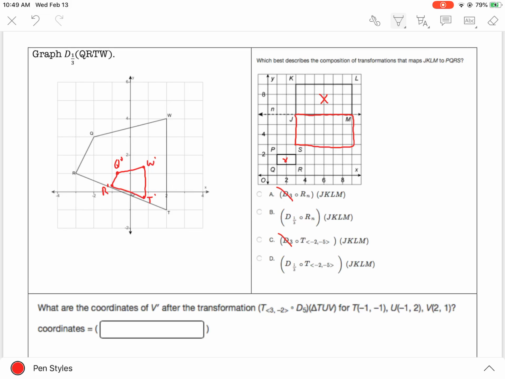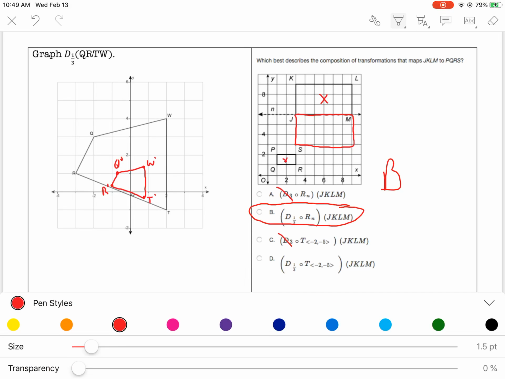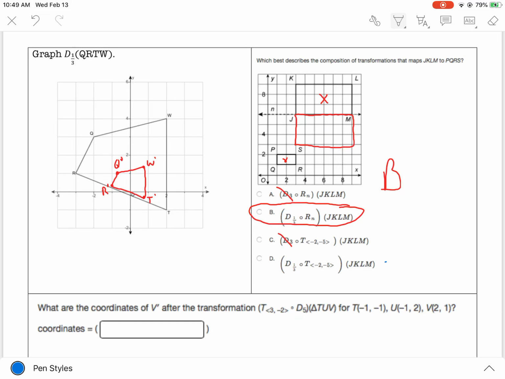So then, it has to be B. The reason I saw that is because if you draw to the origin, all these points are going to line up. Like so. And then their little rectangle is going to map onto the bigger rectangle. Kind of cool.